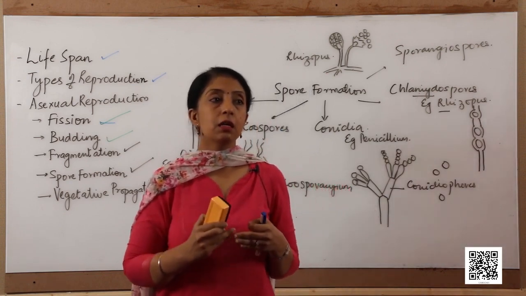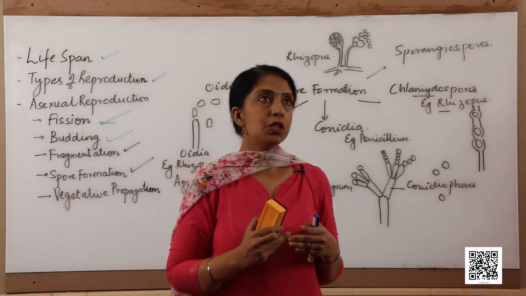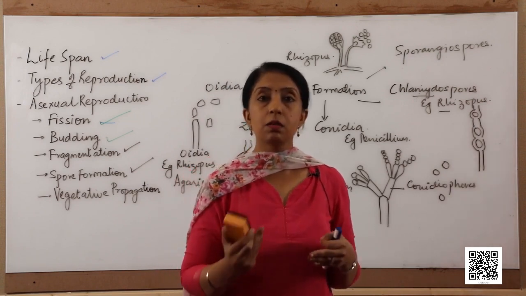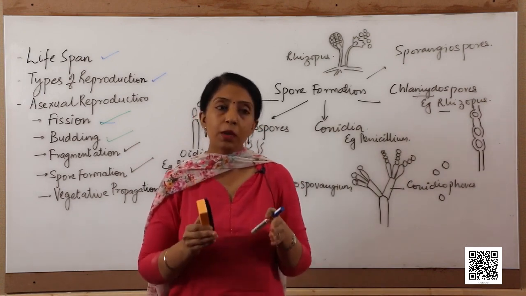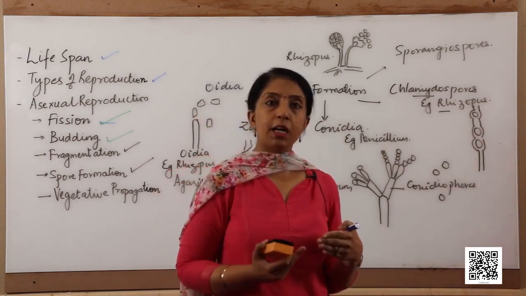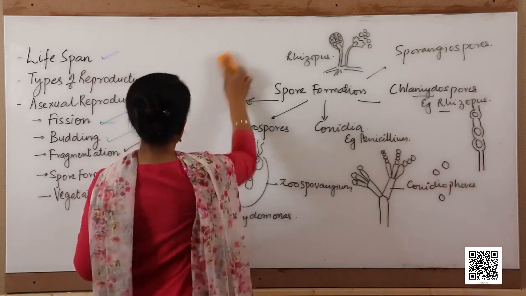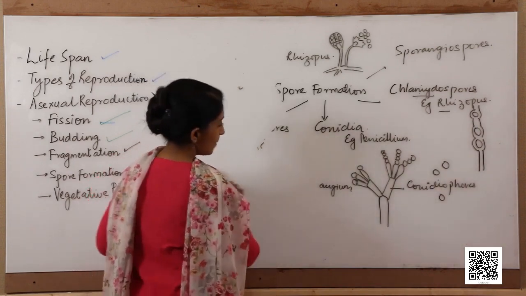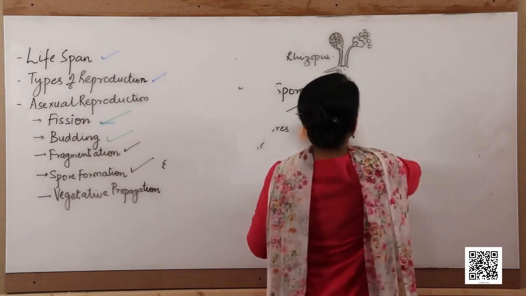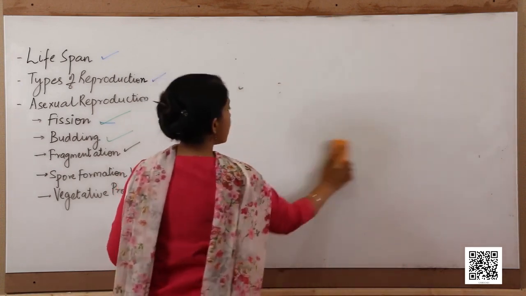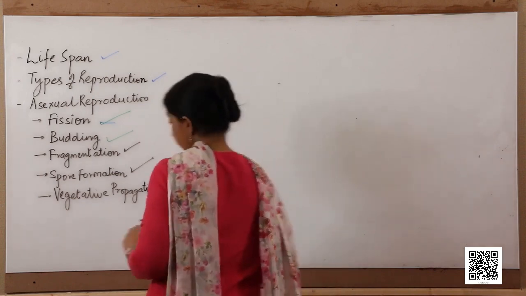If there is a plant variety which has a high yield, is disease resistant, then all these qualities can be maintained when we propagate plants by the method of vegetative propagation. So let us discuss what are the various methods by which vegetative propagation takes place in plants.